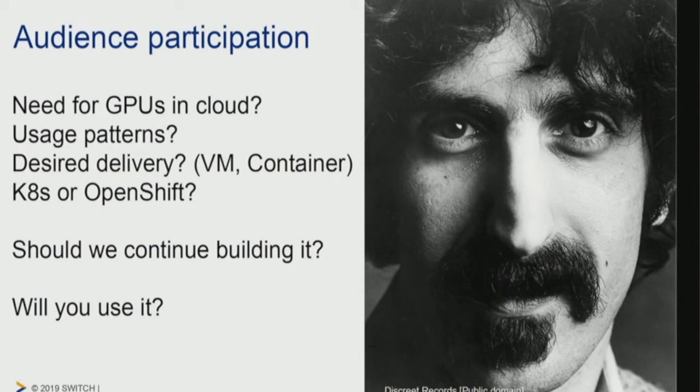Okay. So the question is Kubernetes or OpenShift if you do containers, because you can also deploy a Kubernetes cluster on SWITCHengines and roll your own, or we can help you roll that. It's also like the SDSC guys, they run their own Kubernetes clusters on top of our infrastructure.